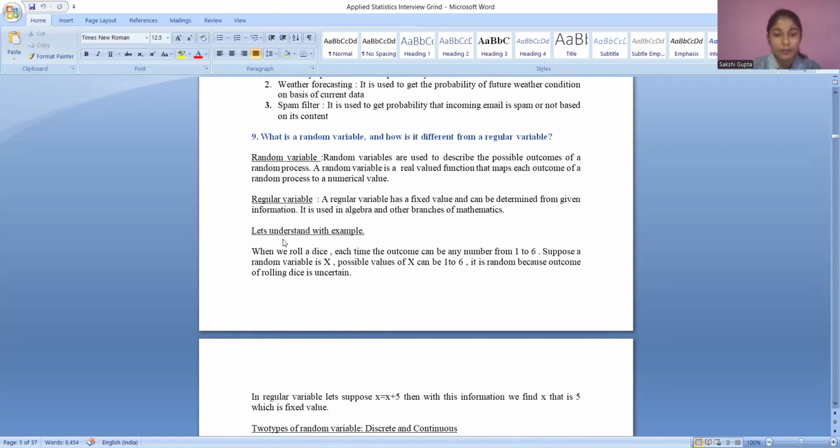A random variable is a real-valued function that maps each outcome of a random process to a numerical value. For example, when you roll a die, the number that comes, 1 to 6, is uncertain. If we call that number x, then x is a random variable because it depends on chance.